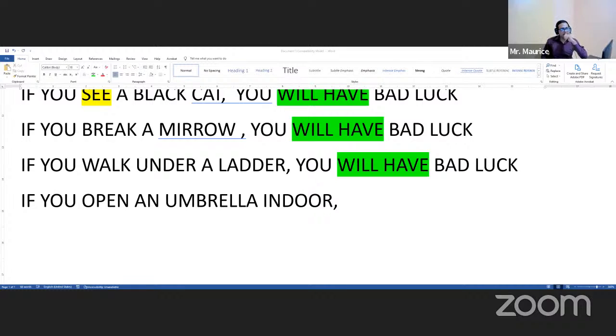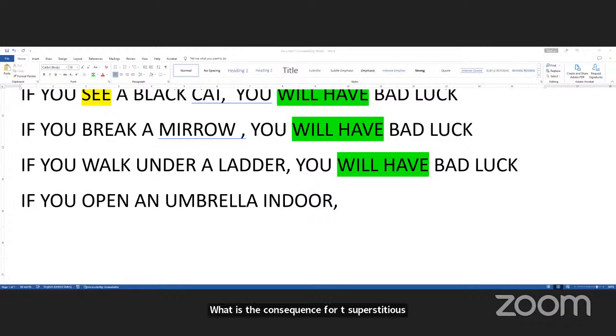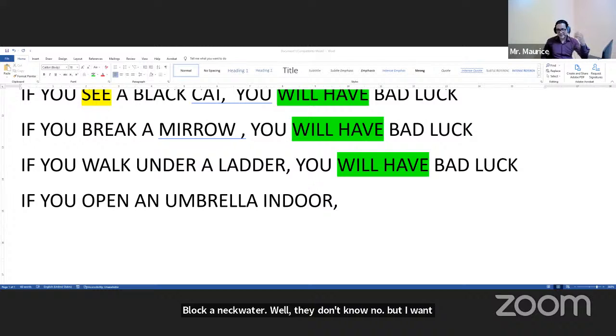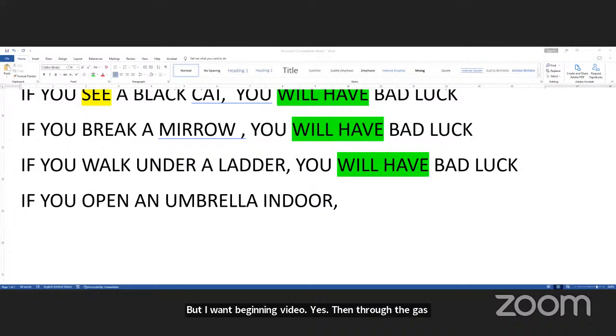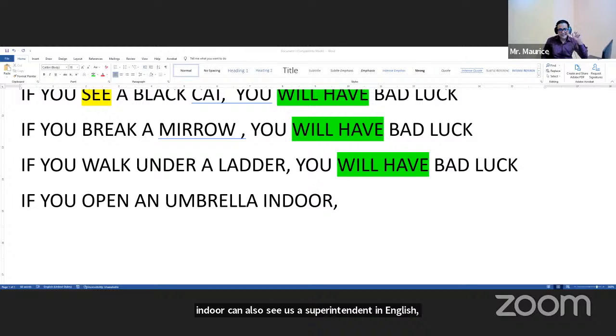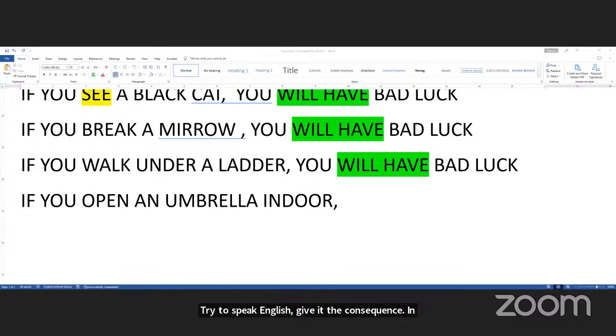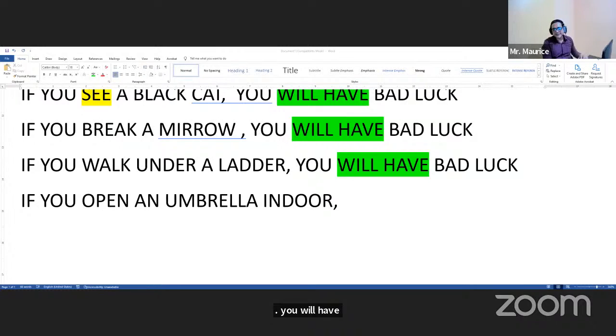Abrir un paraguas en el interior, yes, dentro de casa, indoor. ¿Qué nos decía esa superstición? Pero en English. Try to speak English. Give the consequence in English. You will die. Okay. Correct. That is the Ecuadorian superstition.